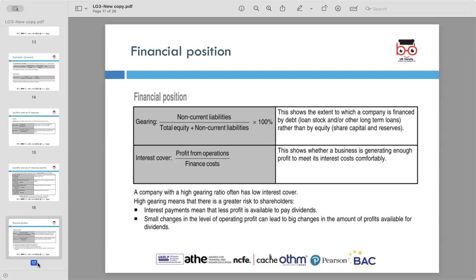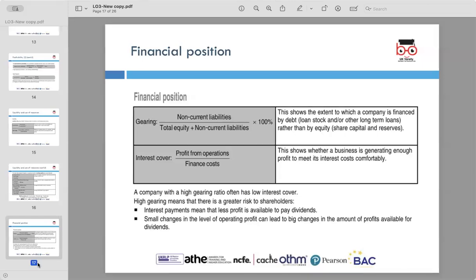Interest cover ratios assess the company's ability to cover its interest expenses with its operating profit. This ratio indicates whether the company generates enough operating profit to meet its interest obligations comfortably. A higher ratio indicates better ability to cover interest costs, implying lower financial risk.